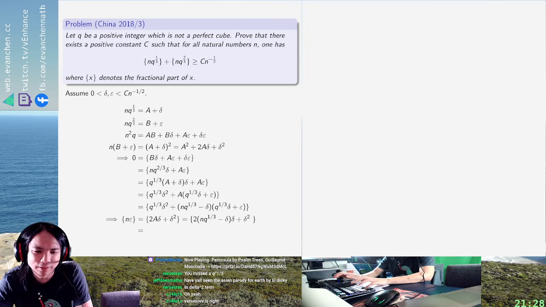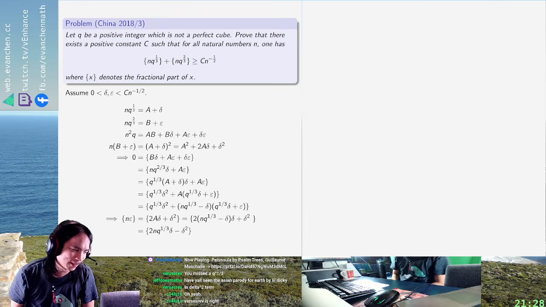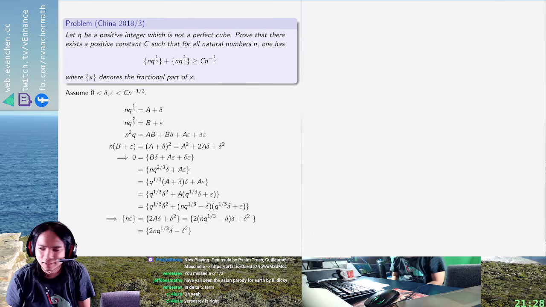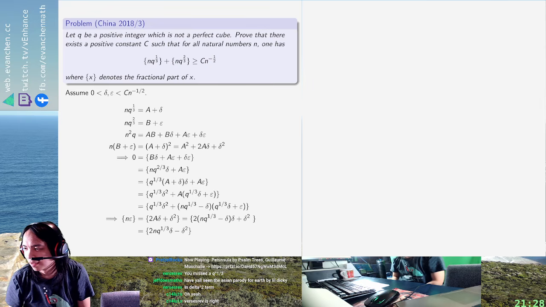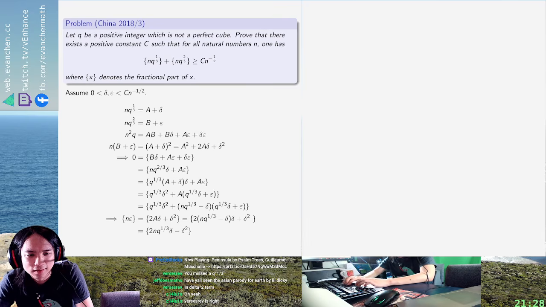The problem is delta and epsilon aren't small enough. Like it's not like the... Like none of the equations feels like they can't be true for size reasons.